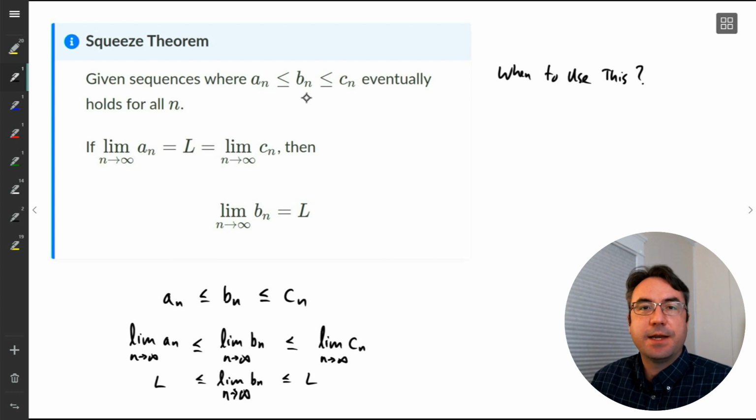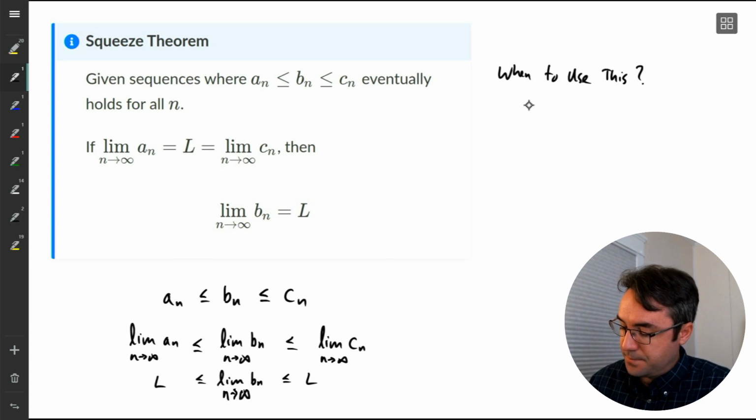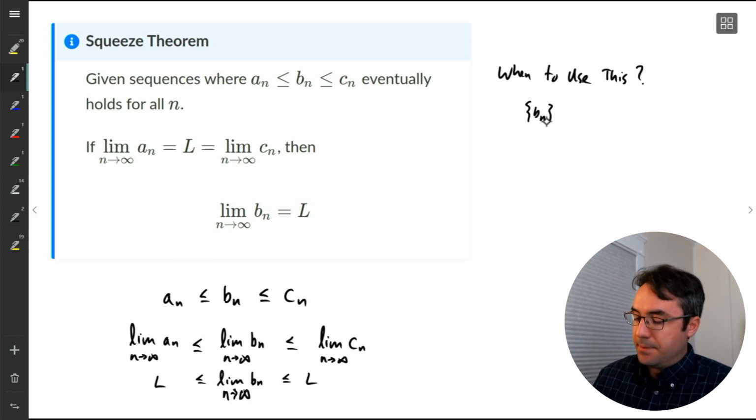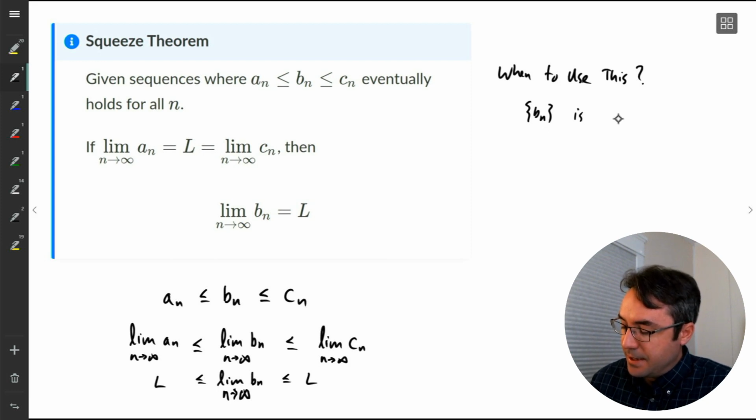The sequence we're trying to do is tricky, and the goal is ultimately to simplify it, so you get these two sequences on either side of it that are related, they look similar, but they're just easier to work with. So sequence Bn is complicated, and we want to simplify it.